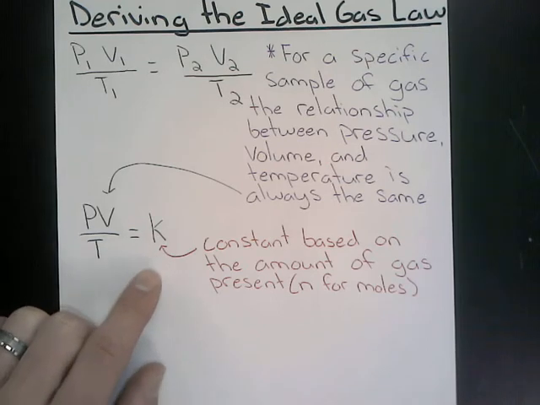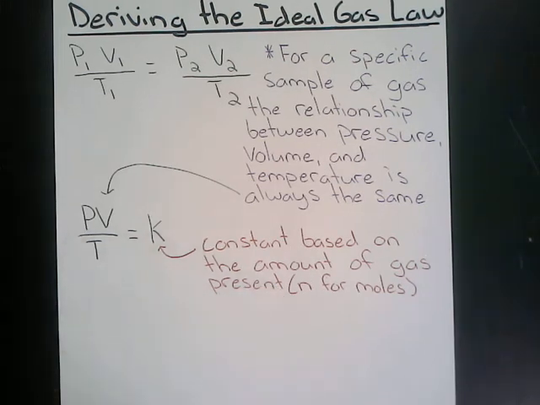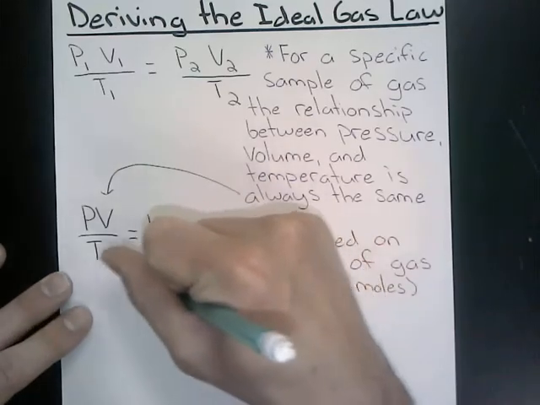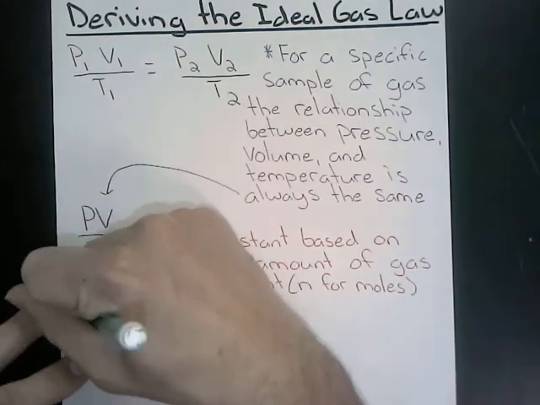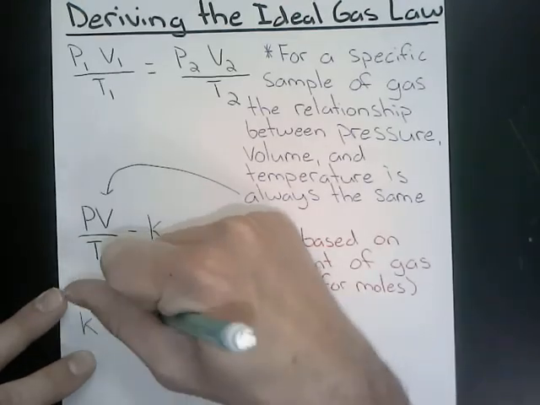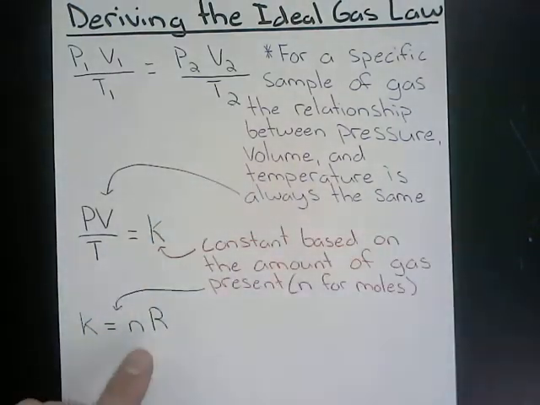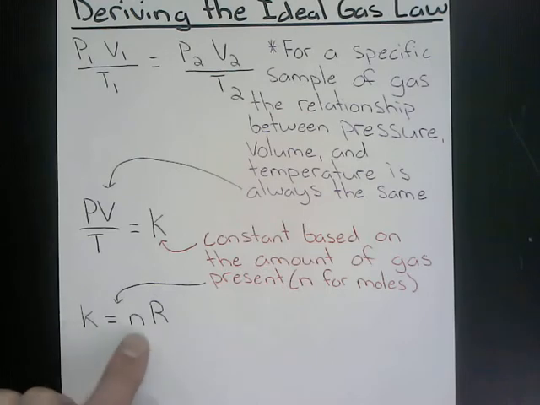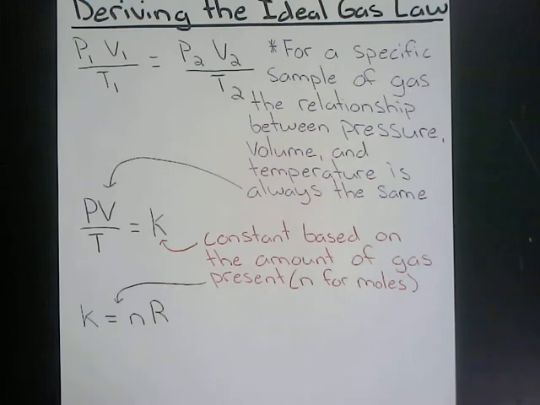We know now from this statement that K could equal nR. And we get this definition of K equals n, for number of moles, times R, from experiments using the variables P, T, V, and n.